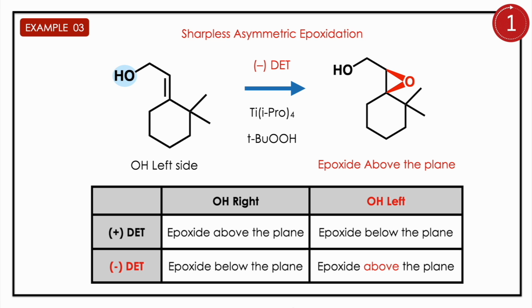Here the double bond is already vertical, OH on the left side. So -DET, OH left side means above the plane epoxide. So you should position the oxygen above the plane. You find the final product. This problem insists on the fact that you should identify the allylic position and allylic alcohol to get involved in the Sharpless asymmetric epoxidation.